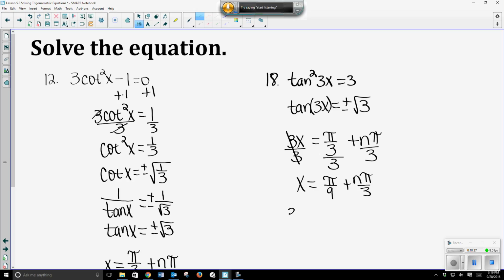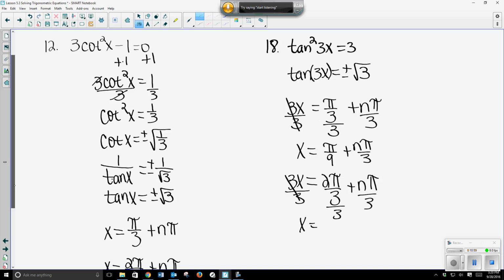Now we have to work with 3x equals negative root 3, which is 2 pi over 3 plus n pi, and divide everything by 3. So x is equal to 2 pi over 9 plus n pi over 3.